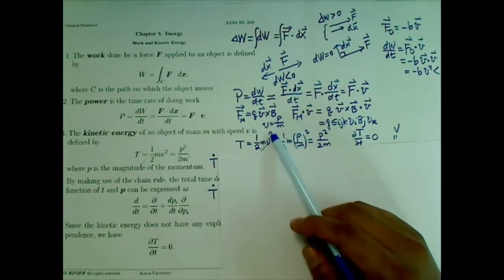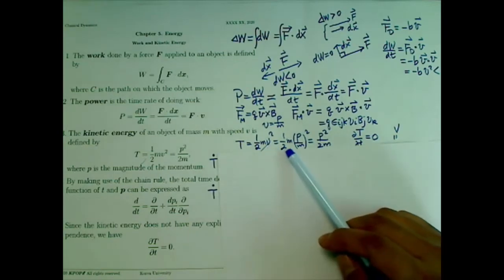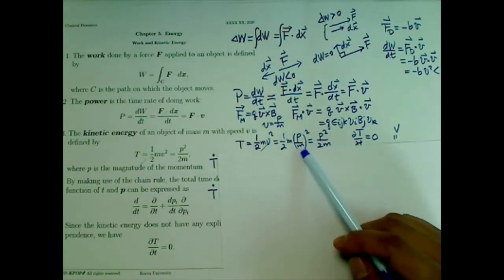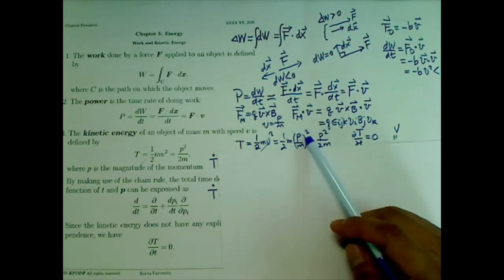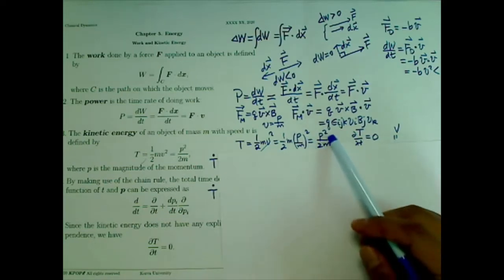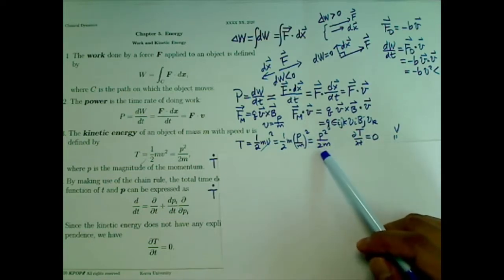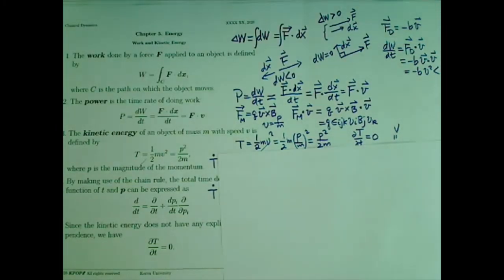Thus, we can substitute in here to find 1/2 m (p over m) squared, resulting in p squared over 2m. We can see the kinetic energy is independent of position.